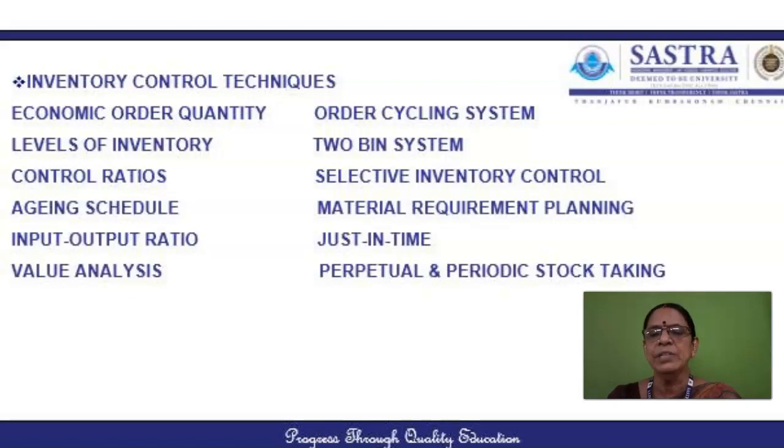The characteristics of this system are: reordering quantity is fixed and normally it equals the economic ordering quantity. Depending upon the demand, the time interval of ordering varies. Replenishment is initiated when stock level falls to the reorder level.